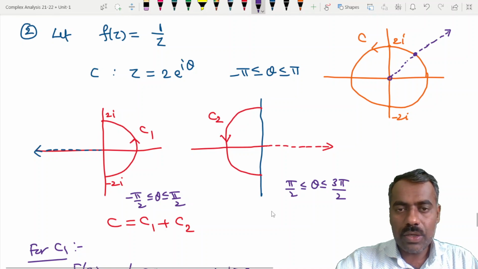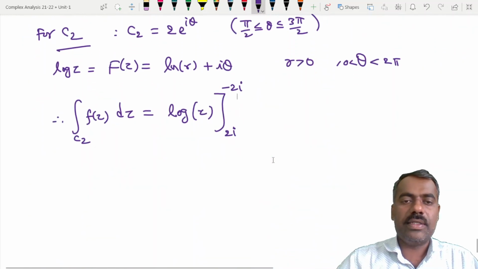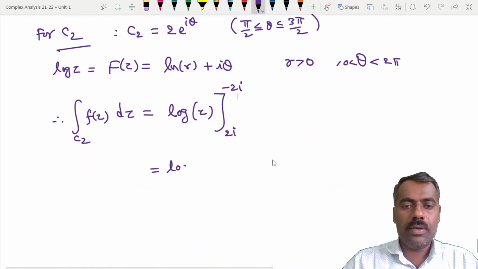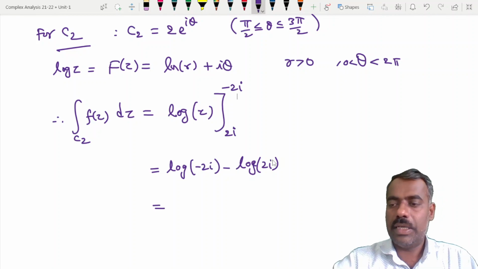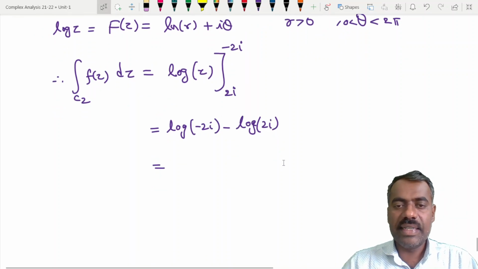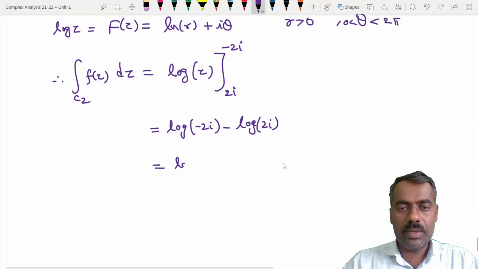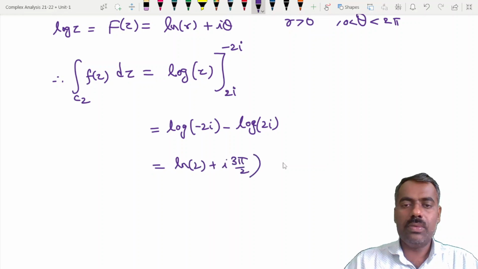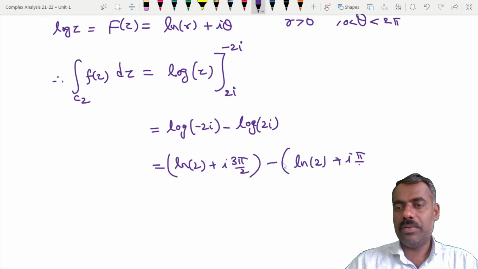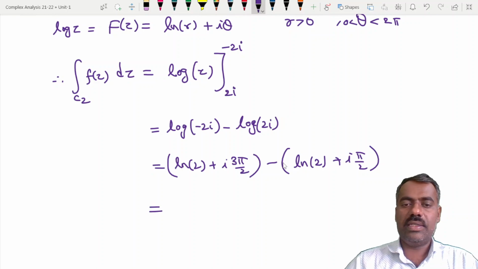So from 2i to minus 2i, therefore F of b minus F of a. This is nothing but log of minus 2i minus log of 2i, this is small log. And you can check that this value is natural logarithm of 2 times 2 minus natural logarithm of 2 plus i times. Then again this 2 will get cancelled.